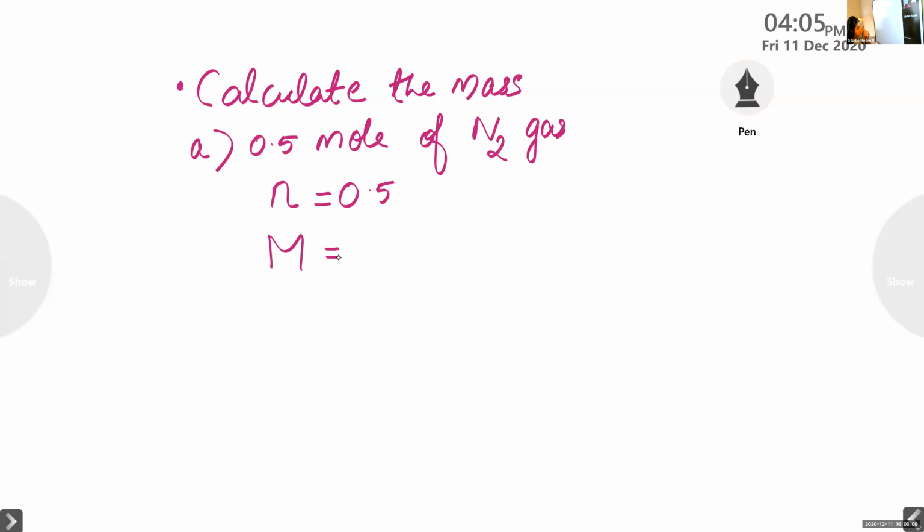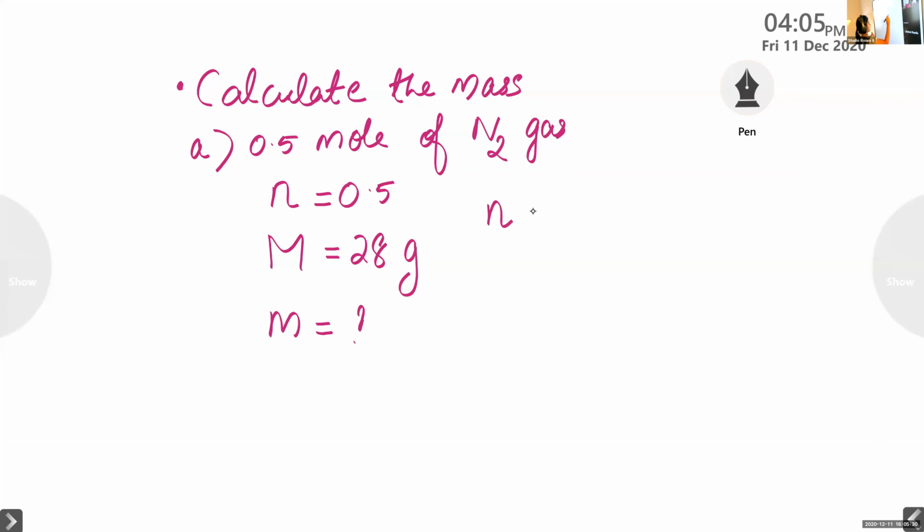Tell me the atomic mass of nitrogen. Ma'am, 14. Yeah, 14. So here N2 means 2 nitrogen, so 14 into 2, 28. Yeah, it's 28 gram. So we have to calculate m, that is the given mass.